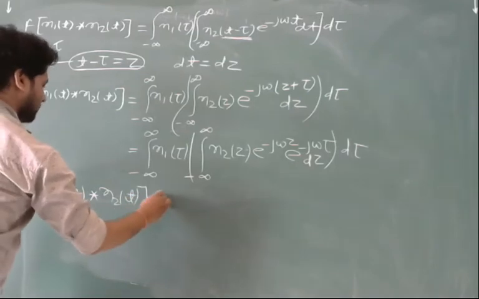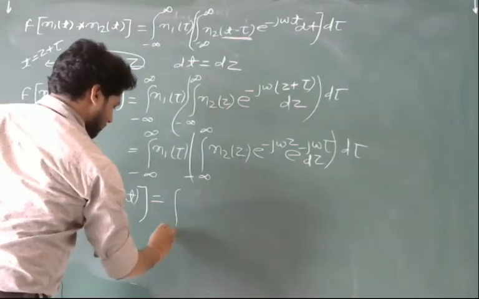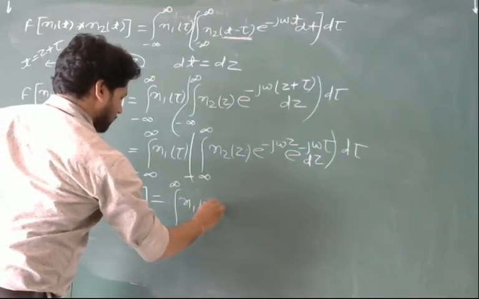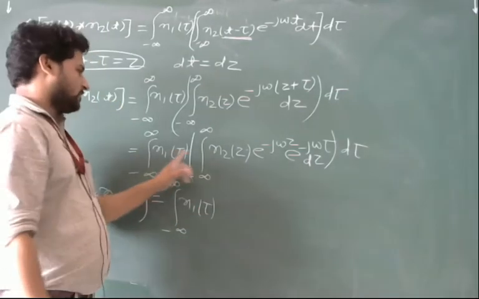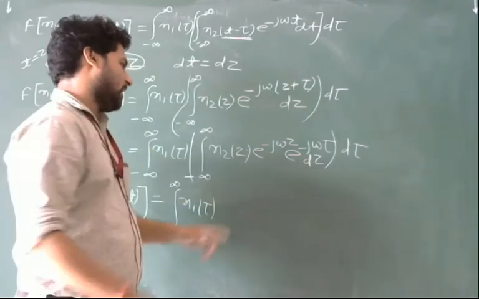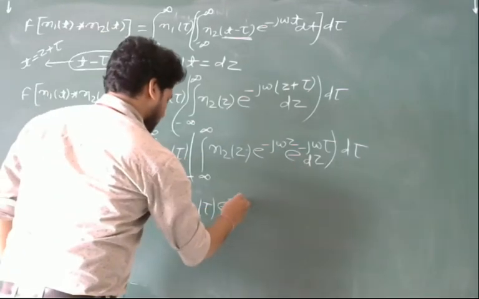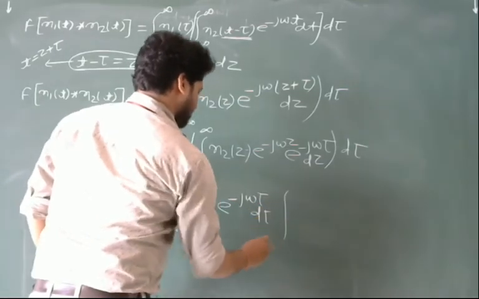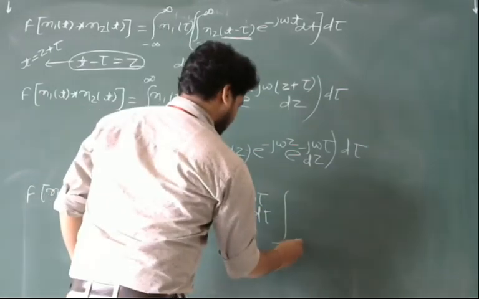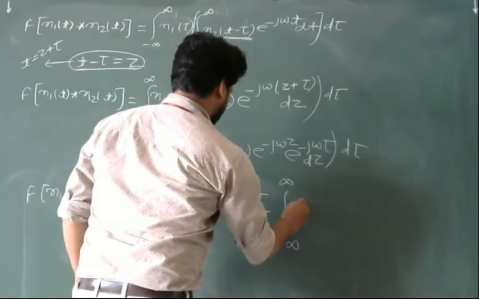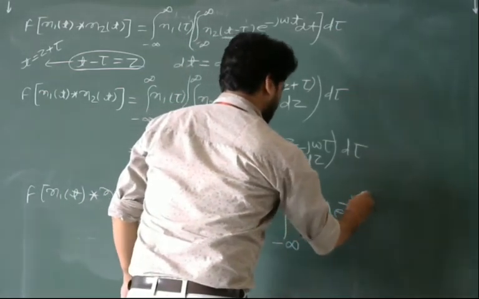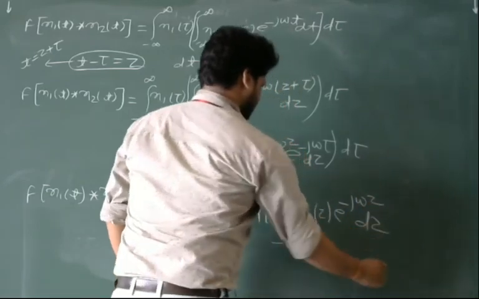Fourier transform of this will be equal to integration from minus infinite to plus infinite x1 tau, and combine this with the e power minus j omega tau d tau, into integration from minus infinite to plus infinite x2 z e power minus j omega z dz.